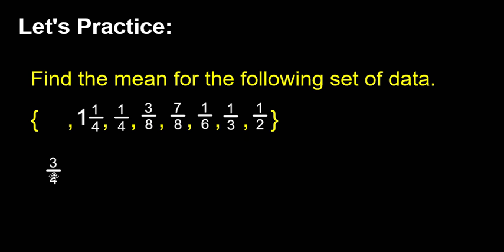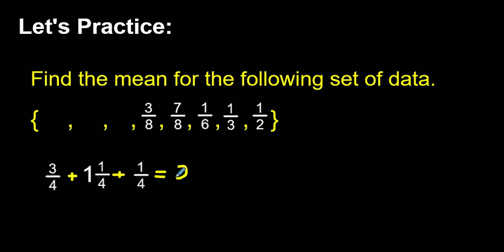First of all, if we group all of the fourths together, we have these three values, and we can add them together pretty quickly. When I add 3/4 and 1 1/4, I get 2 plus 1 more fourth. So I have a value of 2 1/4 as this sum. And then I'm going to group up my eighths.